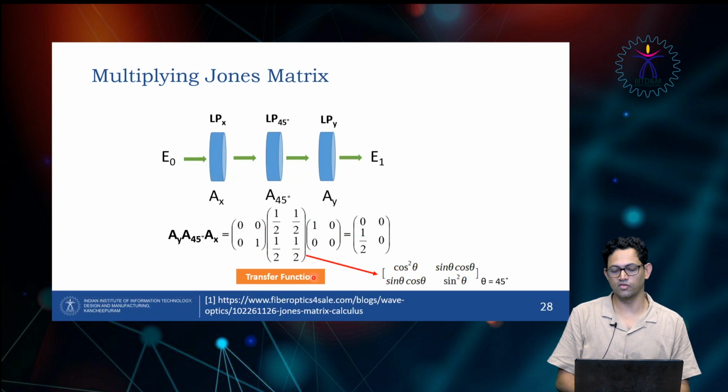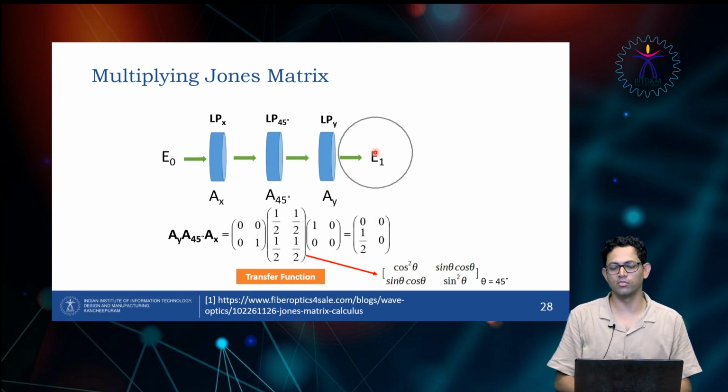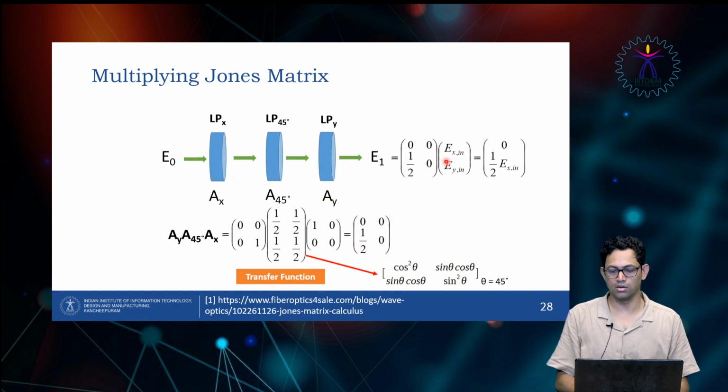How do you define the transfer function? It is nothing but output by input. Your output is E1, input is E0, so E1 by E0 is equal to 0, 0, half, 0. If you shine any light source, I am writing it as Ex, Ey, and In is just there to mention that it is an input, this is E0.